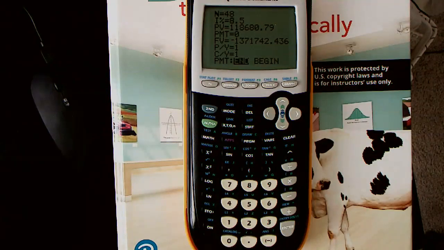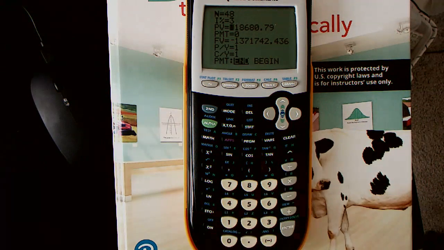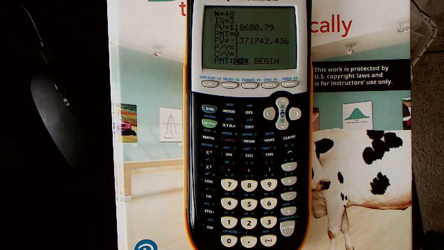And annual interest rate, look at your scratch paper. It's 3%, right? Just put 3 there. And the PV, present value of your loan, is the loan amount you owe. 30 grand.